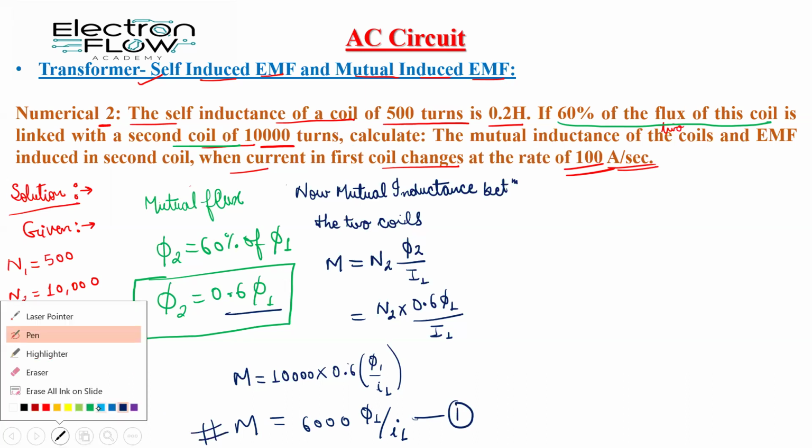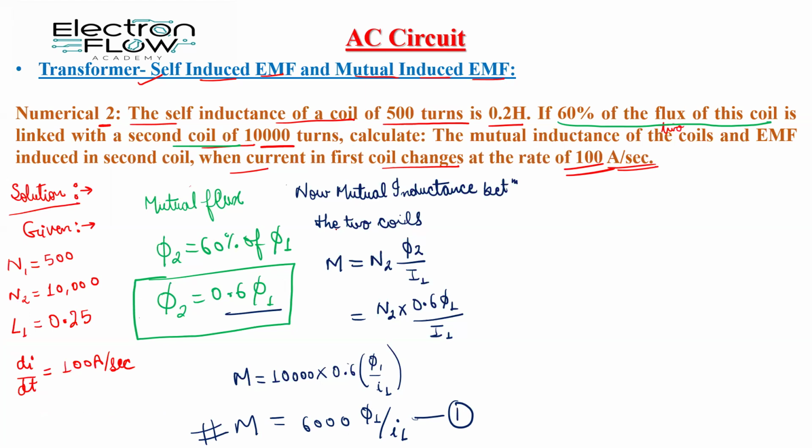Next, we know that the self-inductance of the primary winding is L1 is equal to N1 phi 1 upon I1. So here we can write that phi 1 upon I1 is equal to L1 upon N1. We know the values of L1 and N1.